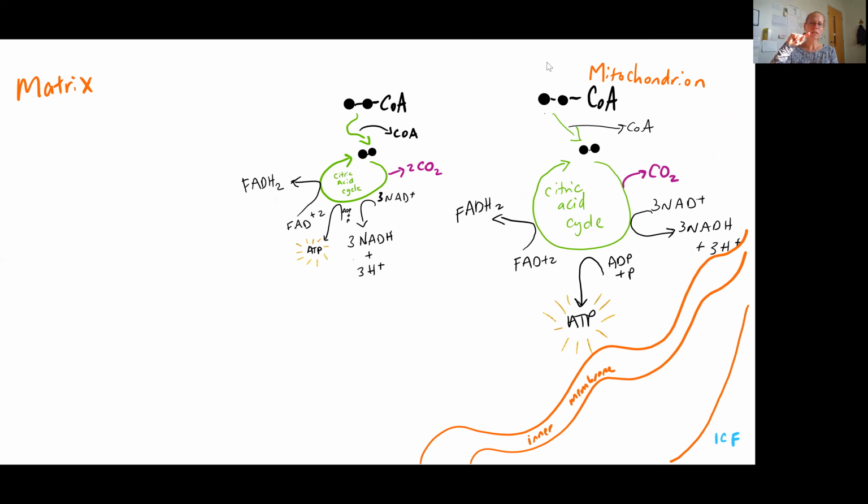The citric acid cycle is always described as a circle or cycle because you're going to pair the acetate with oxaloacetate to make citrate, and at the end you're going to end with oxaloacetate, which is there ready to pair with the next acetate that's coming in.